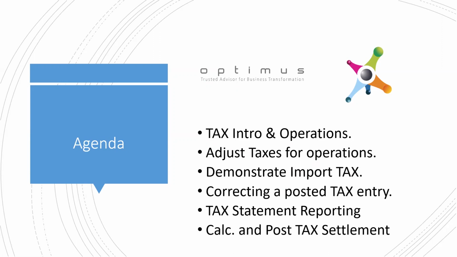This is related to importing activities, importing of goods. And then correcting a posted tax entry, tax statement reporting, and the calculation of the tax settlement, a periodic tax settlement involving the government and how much you should pay once you are registered.